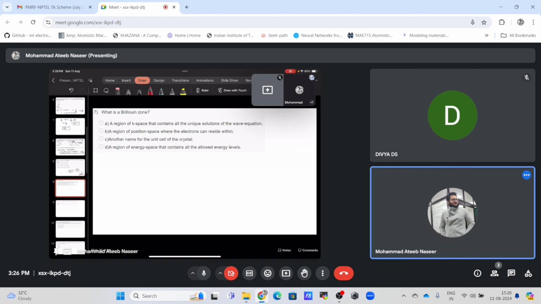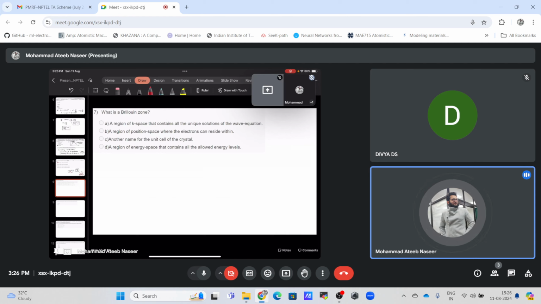So now there's another problem. This is just a simple statement which asks what a Brillouin zone is, and we know that the Brillouin zone is just the reciprocal space. It is just the k space that contains the solution to the wave functions.